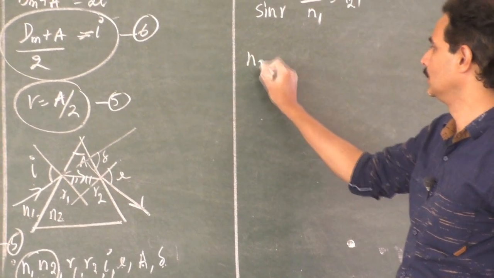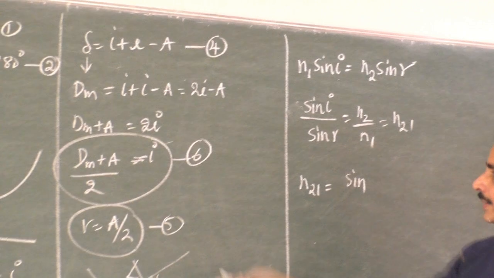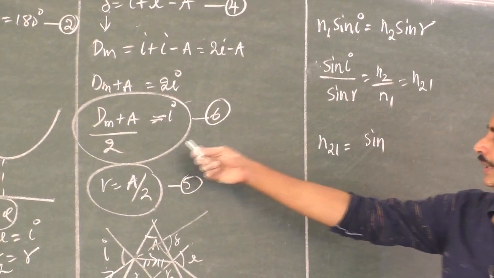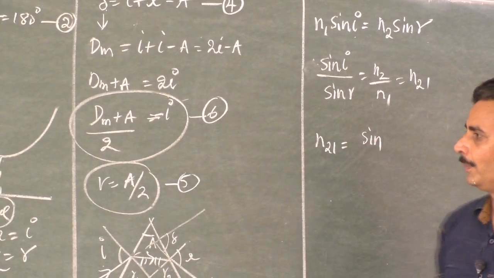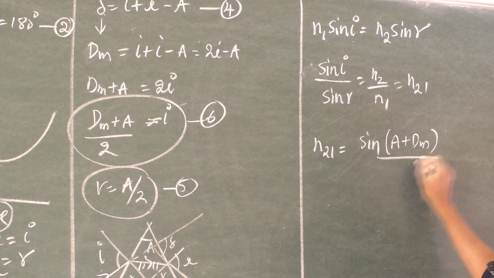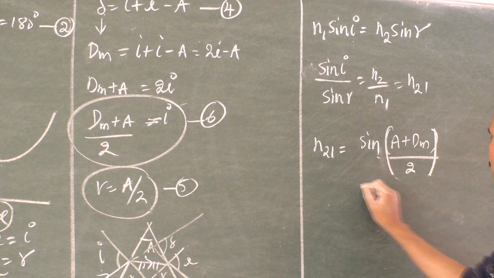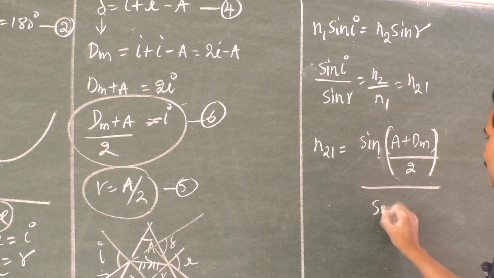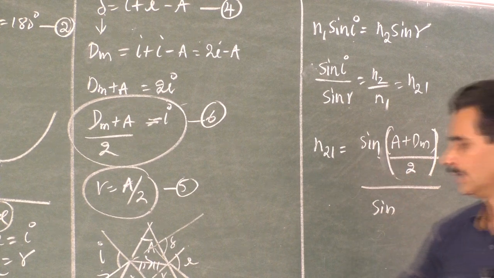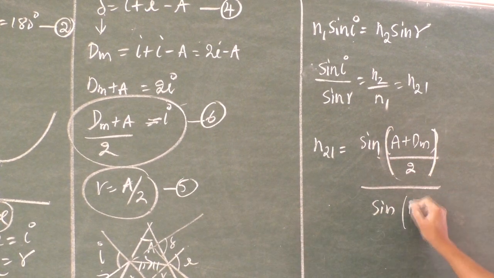So shall I write N21 is equal to sine of I, which is A plus dm by 2, divided by sine R. What is R? R is A by 2. Here it is, sine A by 2.